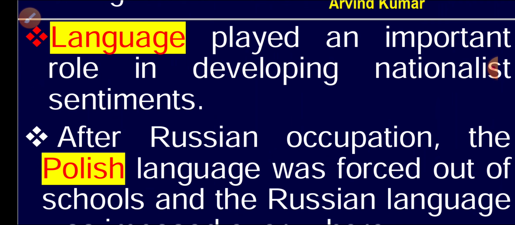One example is given of Poland, in which the Polish people denied using the Russian language and used the Polish language only in churches for their prayer, and ultimately Polish came to be seen as the symbol of struggle against Russian dominance.